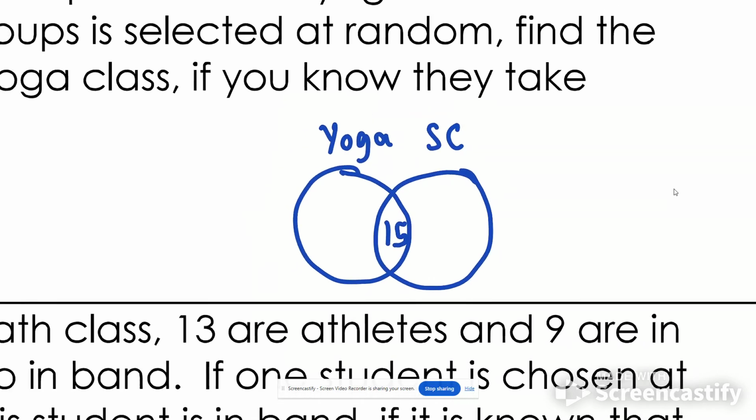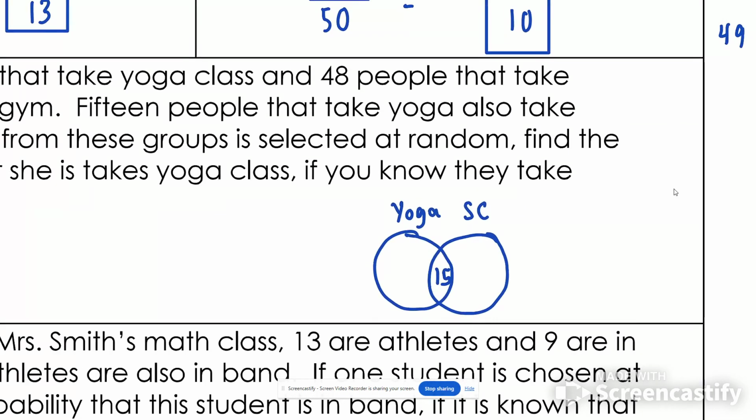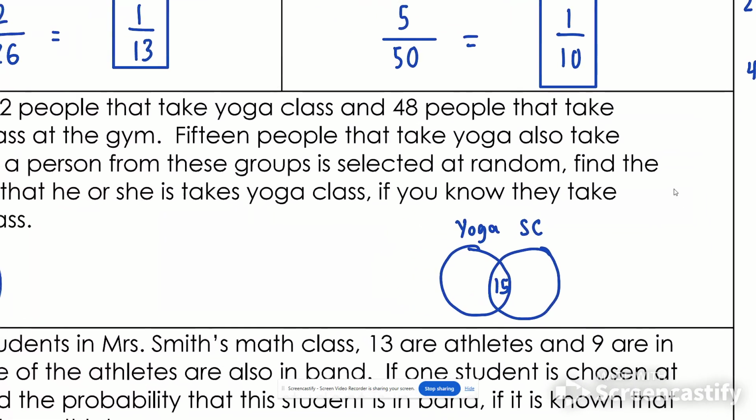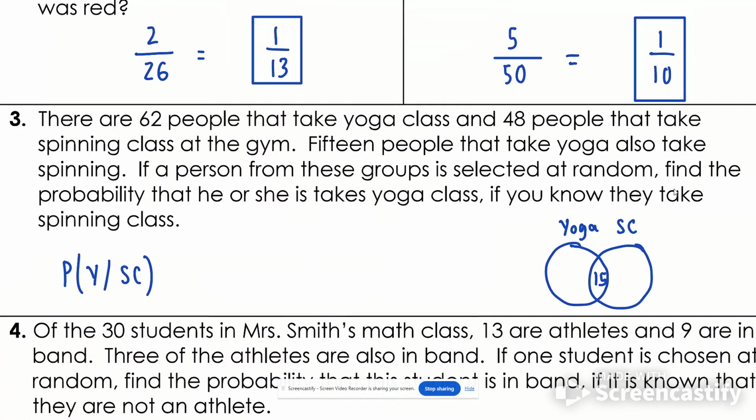So here's the point. If we're talking about yoga, how many people only do yoga? Well, if 15 people do both, out of the 62 people that did yoga, 62 minus 15 is 47. Only 47 only do yoga.